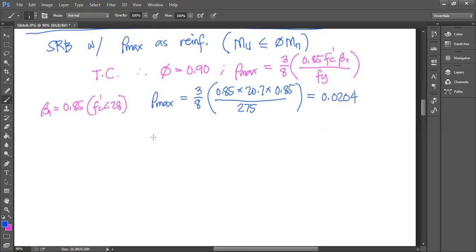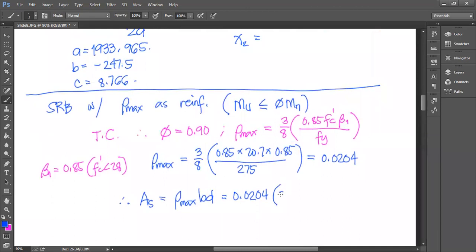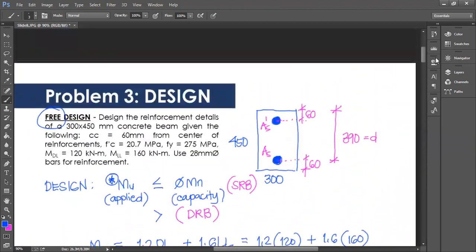So, ibig sabihin, yung AS natin is equal to raw maximum multiplied by BD. So, meron tayong 0.0204 multiplied by yung base natin na 300 and yung D natin na 390.